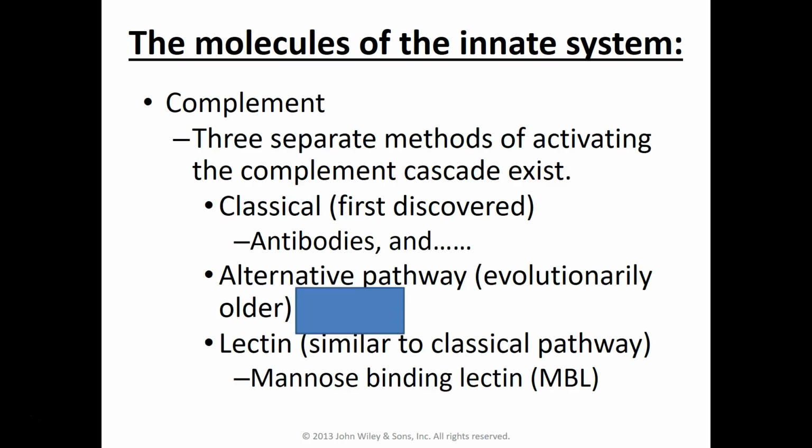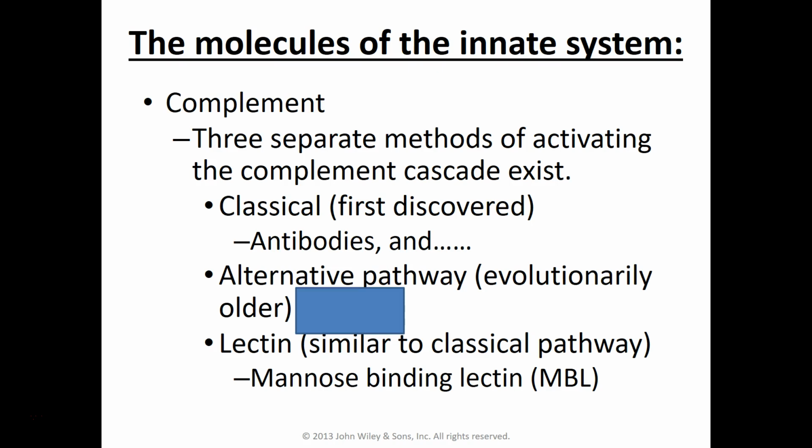So three separate methods of activation. The classical, which was the first discovered, right? What starts it? Antibodies. And remember, antibodies are part of our adaptive immune response. We haven't gotten to them yet.